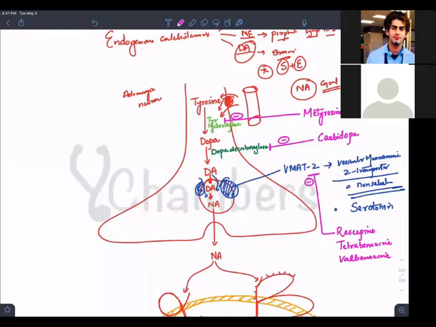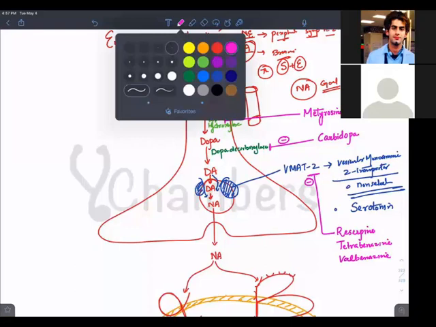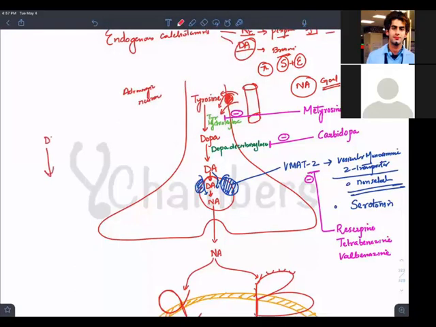Is it clear? Who is converting dopamine to norepinephrine? Let me make it separately. Who converts dopamine to noradrenaline or norepinephrine? It is called dopamine beta hydroxylase. I hope you have forgotten everything. Either you haven't read or you have forgotten, but today remember. DA beta hydroxylase. This is all interrelation.